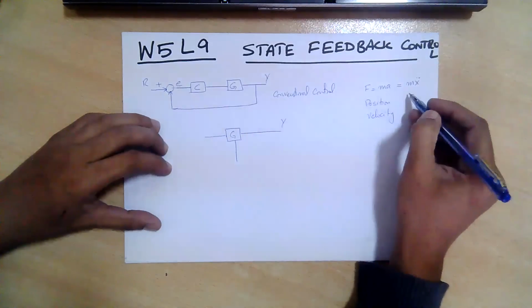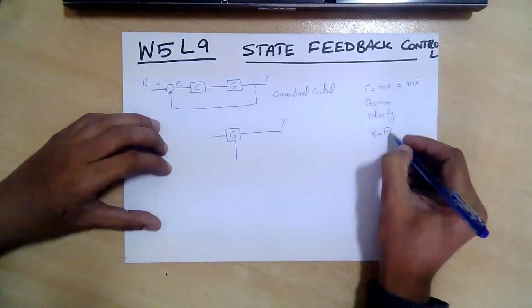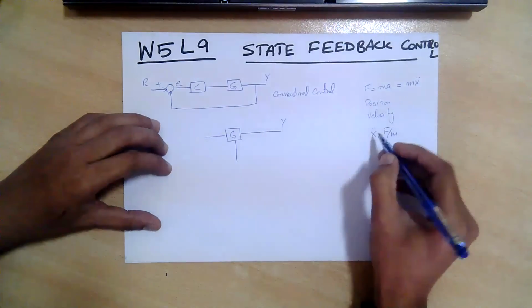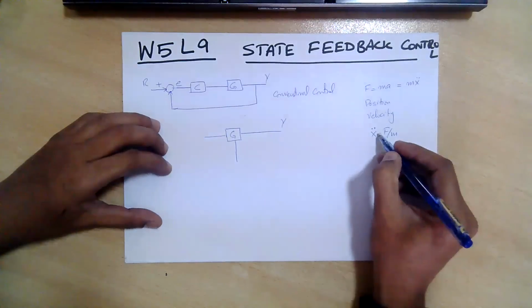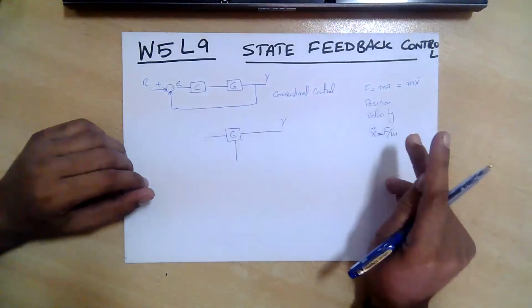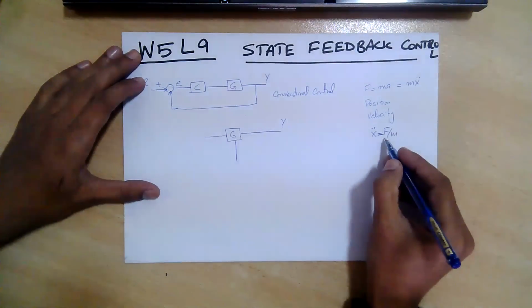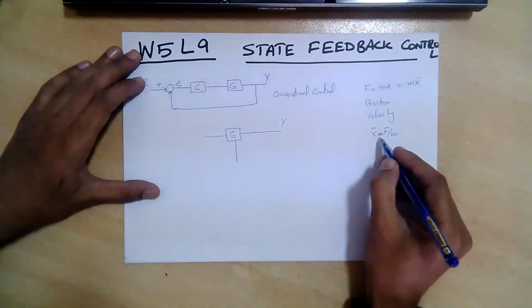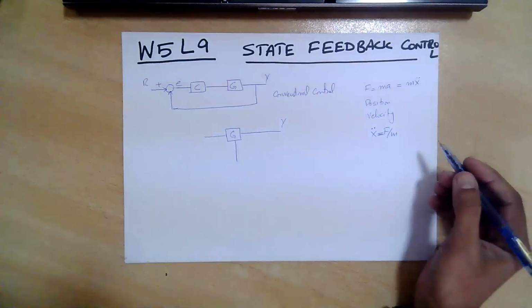I can write this system in this form: x double dot is equal to F over M. If I'm interested in controlling both position and velocity, then this system has two states: one is position and one is velocity. This system is just a moving mass in the vacuum, in space. So F is equal to m x double dot, right?